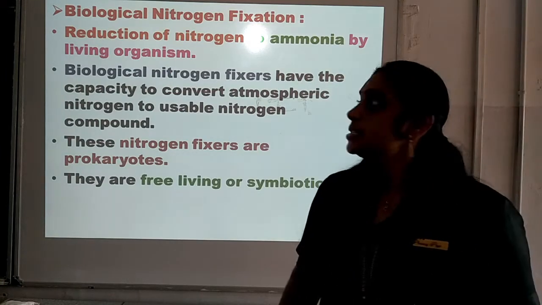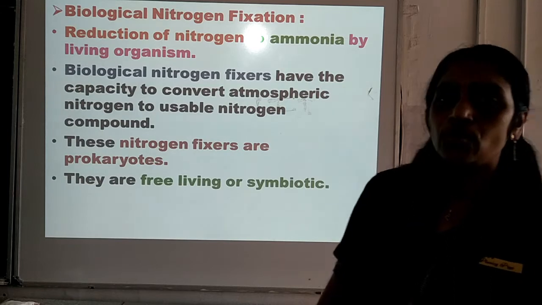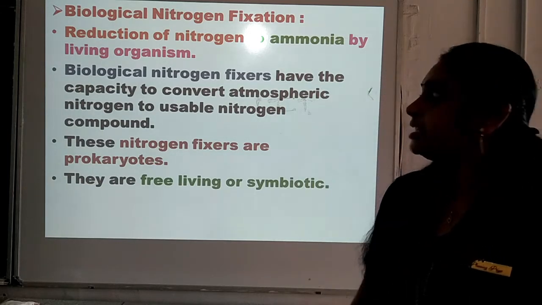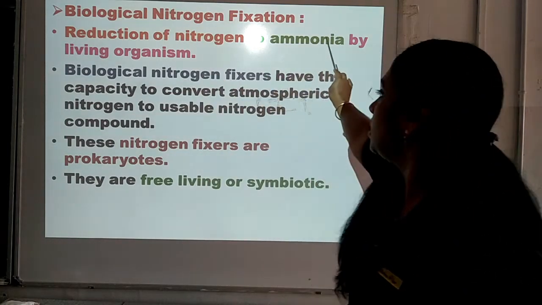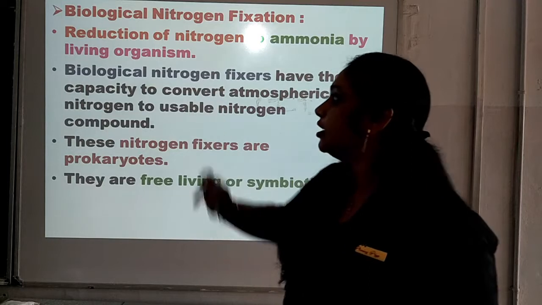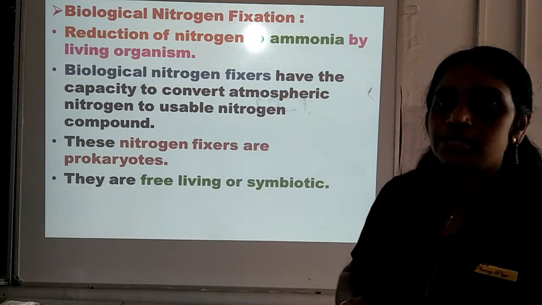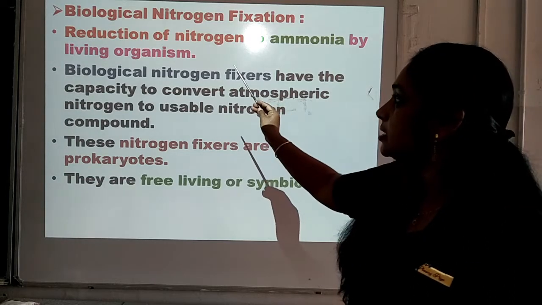Now, the next one is biological nitrogen fixation. We are going to understand this fixation in depth. Here it has been said: reduction of nitrogen to ammonia by living organisms.